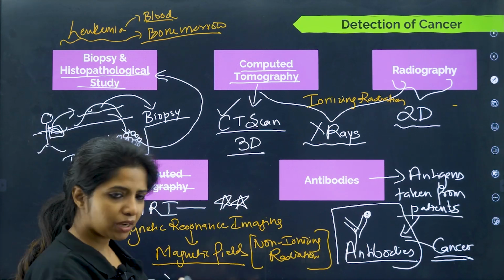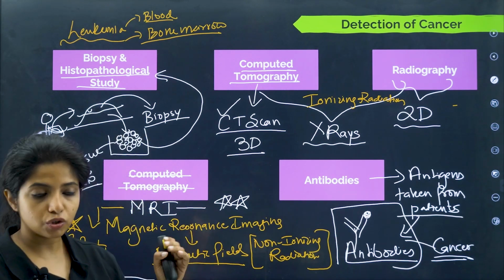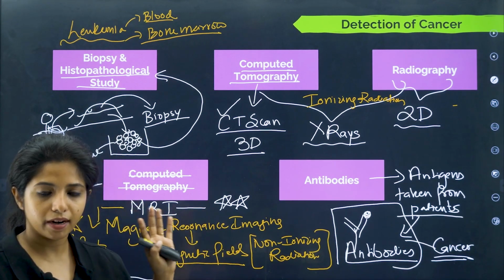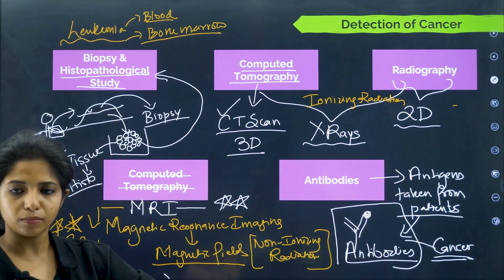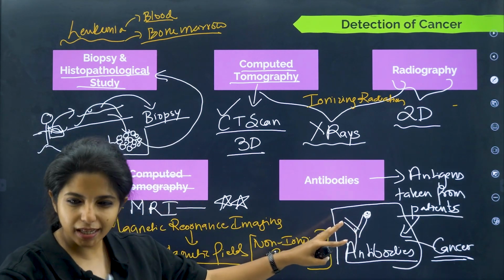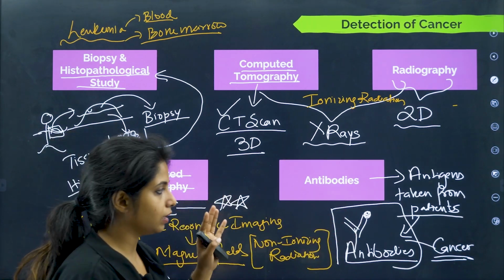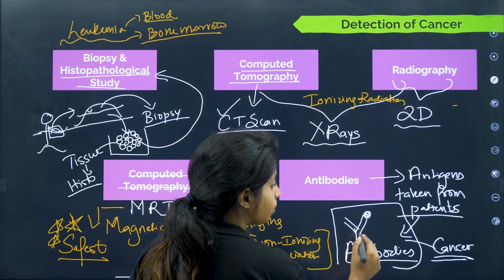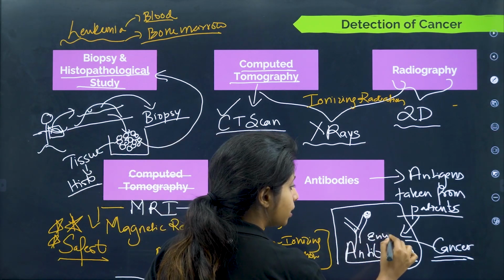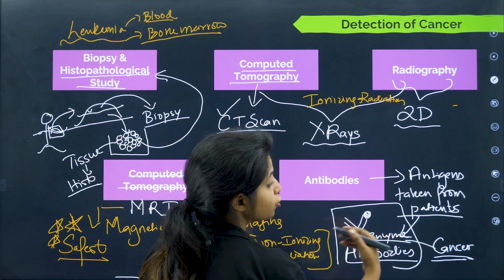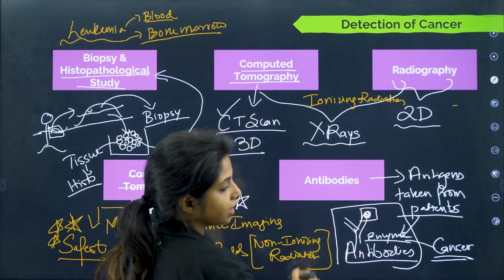Okay, so it can be done in different ways. I'm just giving you an idea. It's not like you have to take it in and out and things like that. It has a huge different mechanism. I'm not going into detail, but at least how it works, the basic thing. Now, these antibodies can be linked to some enzymes, such that it could show that this particular linkage has taken place.